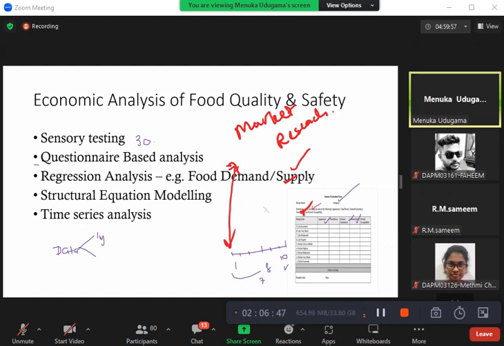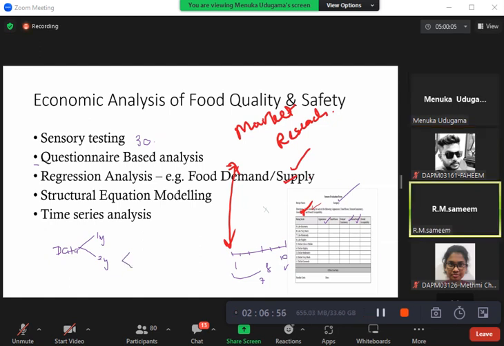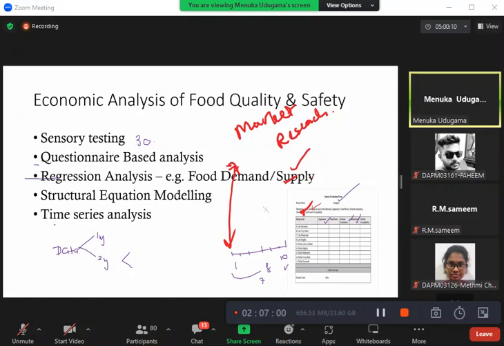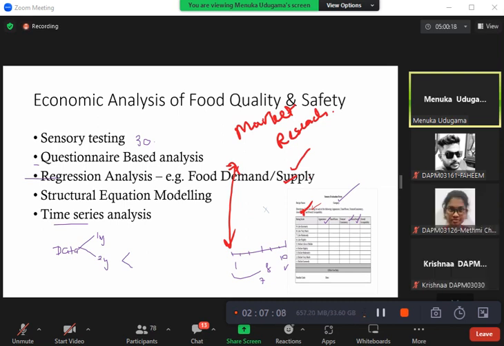The second type is secondary data, where you use reports, central bank reports, time series analysis. You can get 20, 30, 50 years of data from World Bank data, central bank data, or census and statistics department reports.